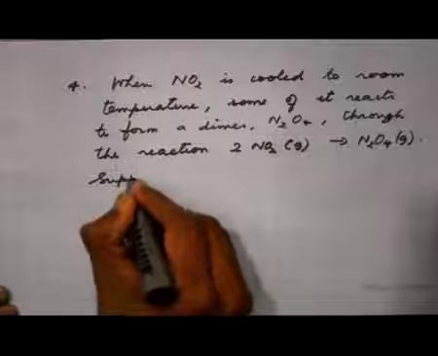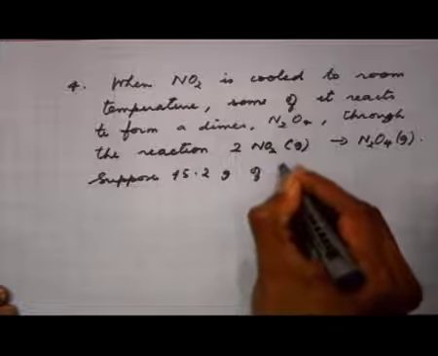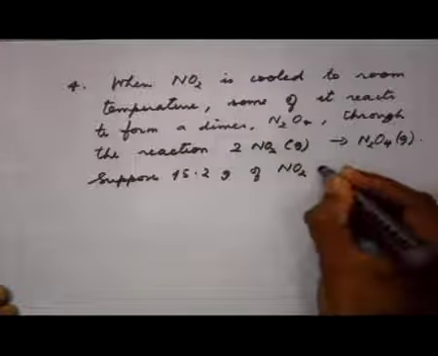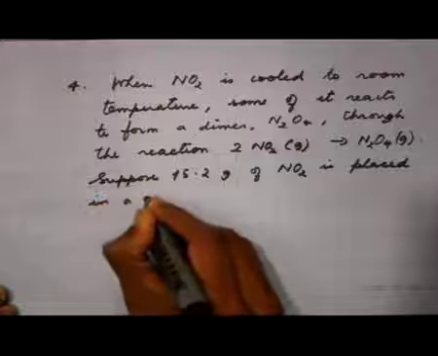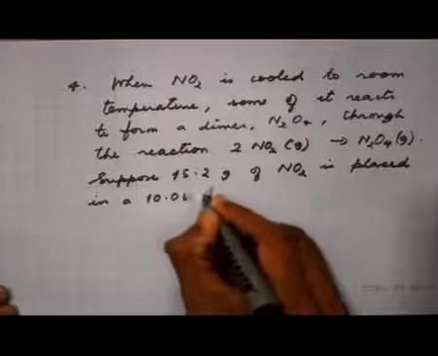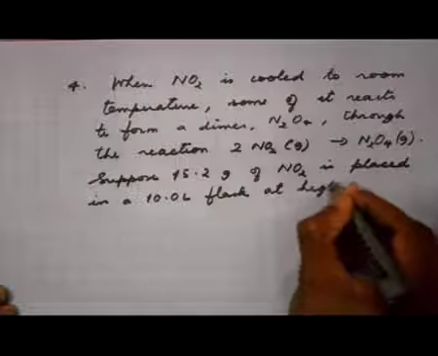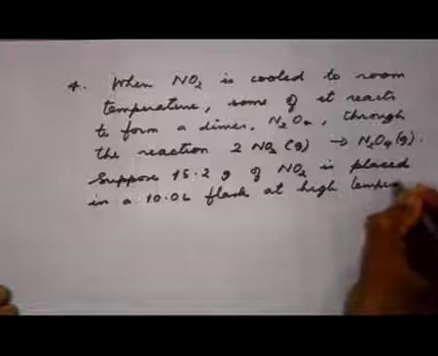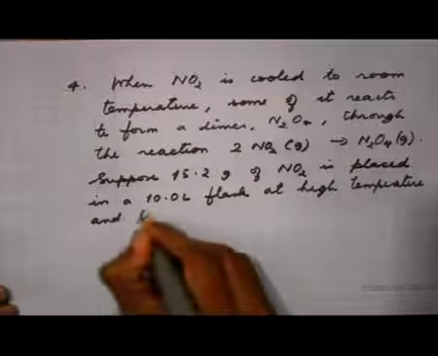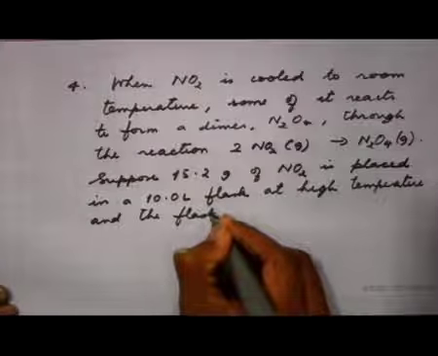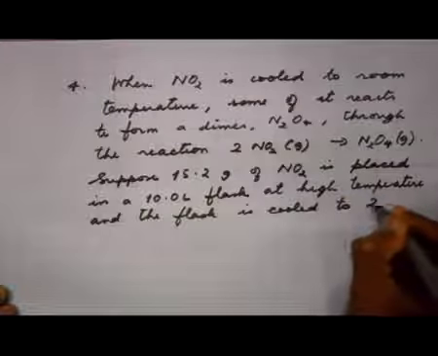Suppose 15.2 grams of NO2 is placed in a 10 liter flask at high temperature and the flask is cooled to 25 degrees Celsius.